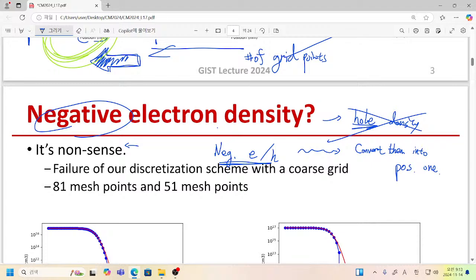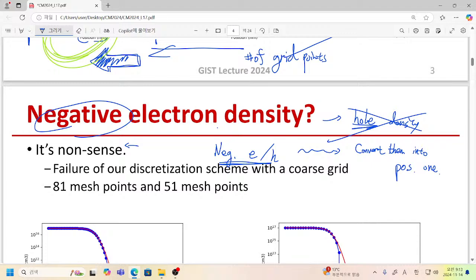There can be many different approaches, but anyway, it is certain that you should not consider negative carrier density as a temporal or intermediate solution of your solution procedure, because many times you have to take the log of your electron density or log of your hole density, and the log of a negative number is not defined properly, so it will just destroy your entire simulation.